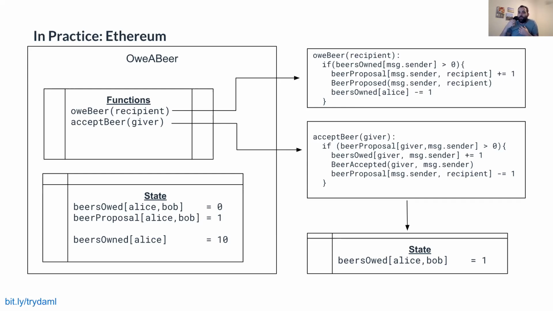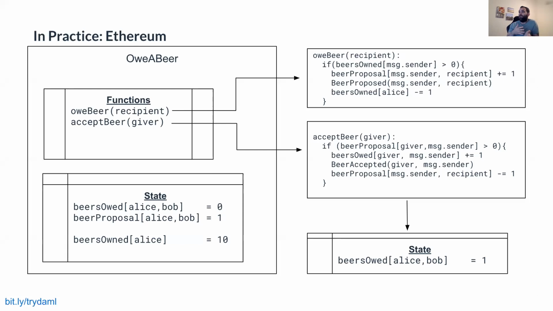And so what we have here are two functions. We have the owe beer function and the accept beer function. And so what we would want to happen here is that somebody who has a beer, say Alice and Bob are doing something together, and then Alice says, hey, Bob, I owe you a beer.